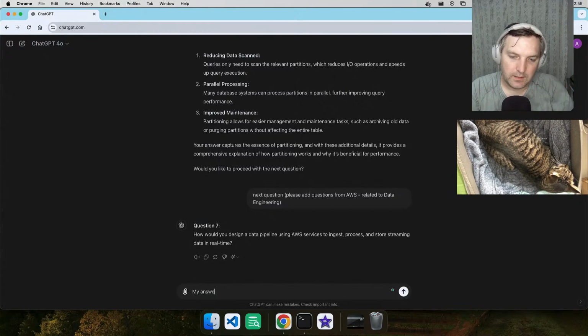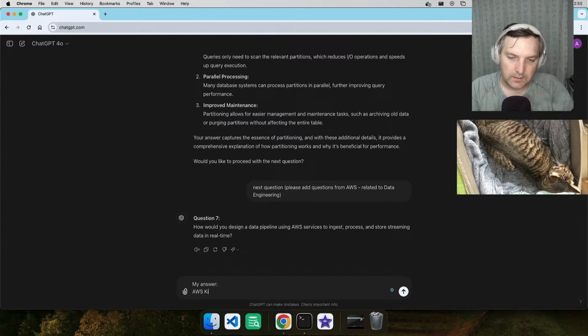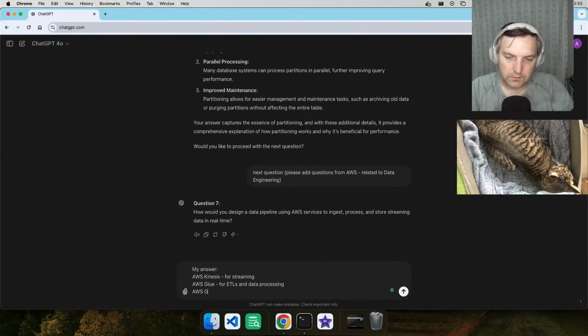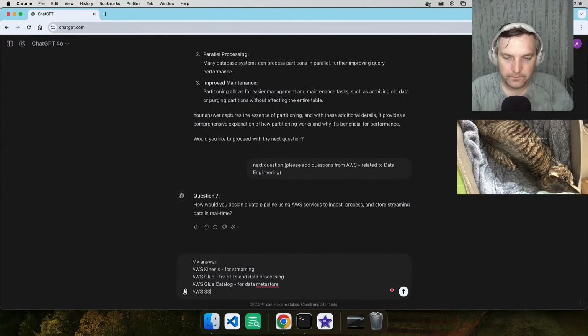AWS Kinesis for streaming, AWS Glue for ETLs and data processing, AWS Glue Catalog for the data metastore, AWS S3 for storage.